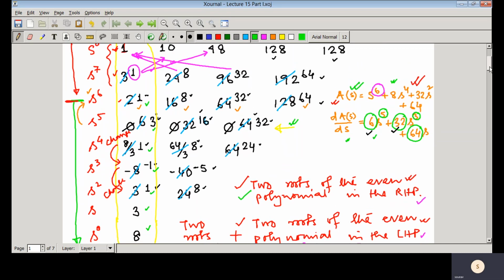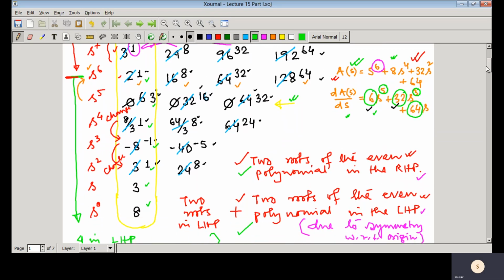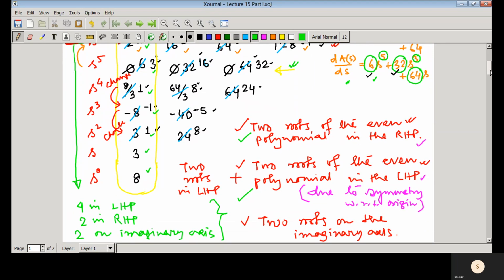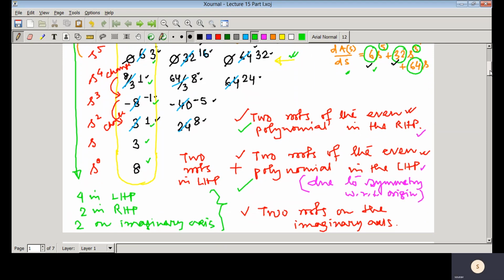And then we have used that particular property of even polynomial, that means the roots are symmetric with respect to origin, and then we get this result.